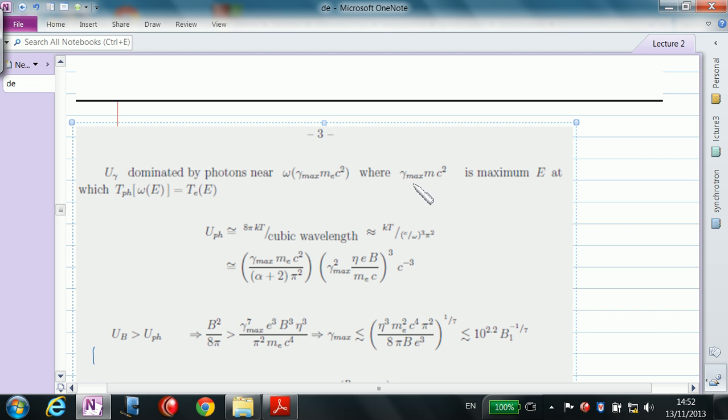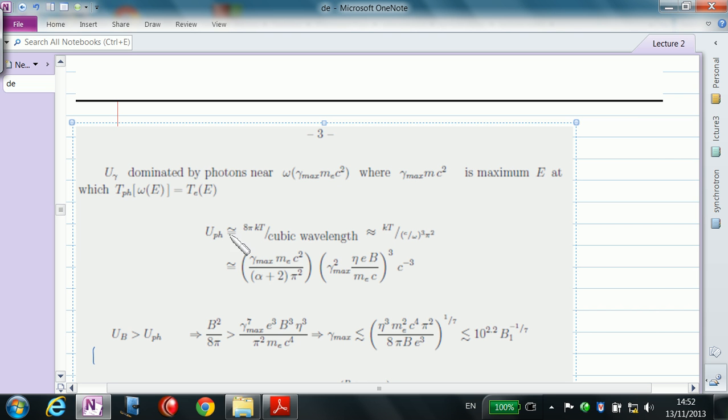So let's say this is the maximum Lorentz factor of the electrons, gamma max, that are in radiative equilibrium with the synchrotron photons.